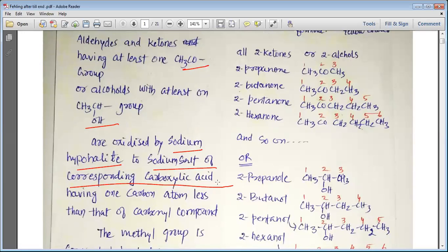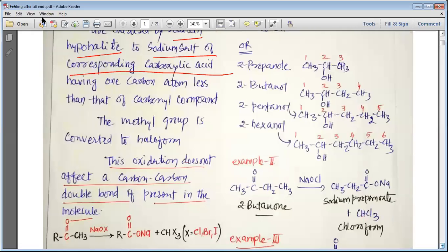The product is the sodium salt of a carboxylic acid, and the methyl group present in the CH3CO or CH3CHOH group is converted to haloform, which may be chloroform, bromoform, or iodoform, and this is why we call this test the iodoform test.